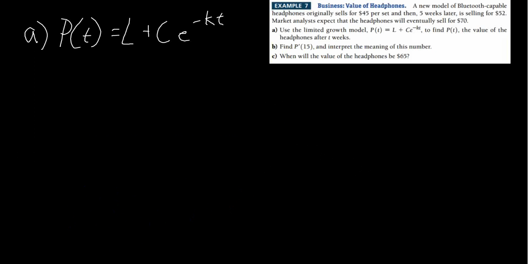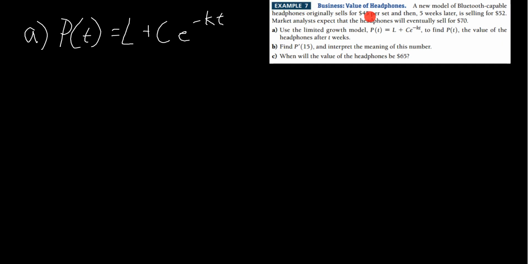Well, lucky for us, we're given, like I said before, the x, y value. We're kind of given that here in terms of they originally sell. So at the very onset, they sell for $45. So when t is equal to 0, they sell for $45.